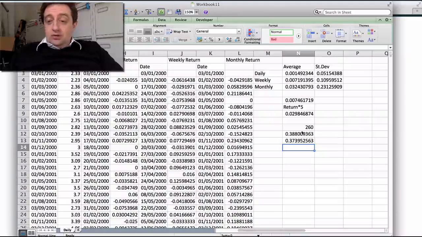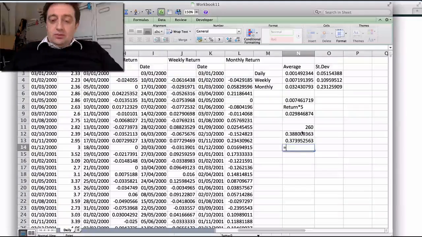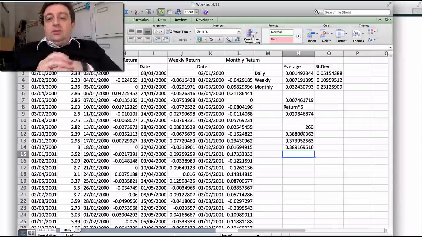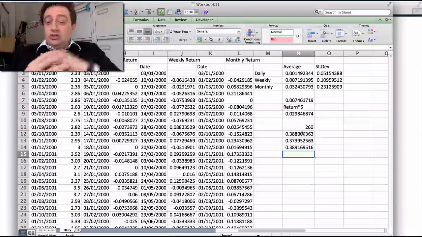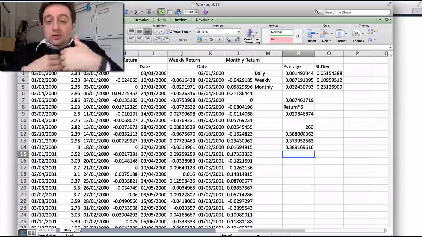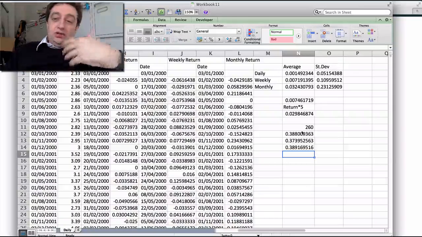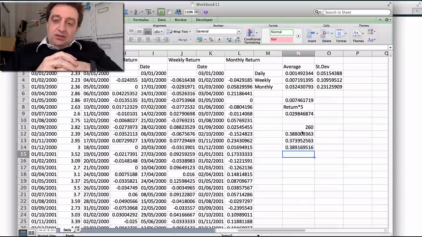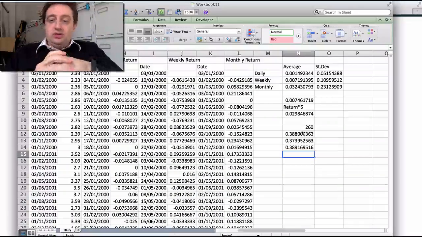You see that our value is approximating to be 37.3%. And what about the monthly return? Well, the monthly return is 12 months in a year, 38.9%. So these are all approximations using daily, weekly, and monthly. And if you scale them up to the annual, then you can get the expected or the average annual return for Adidas, which is actually quite high.